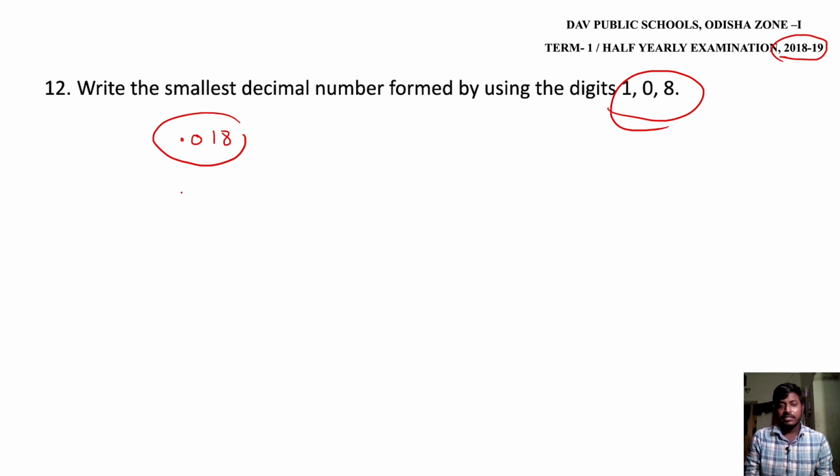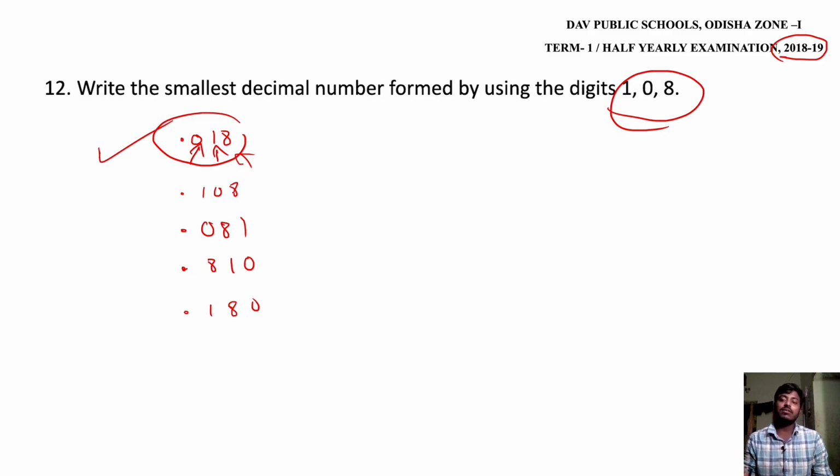If you write 0.108, or 0.81, or 8.10, or 180. Which one is smallest? If the tenths position is 0, the hundredths position is 1, then the thousandths position is 8, this becomes the smallest number. That's why the answer is this.